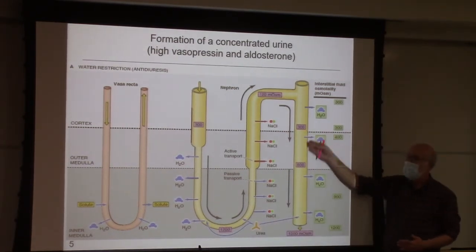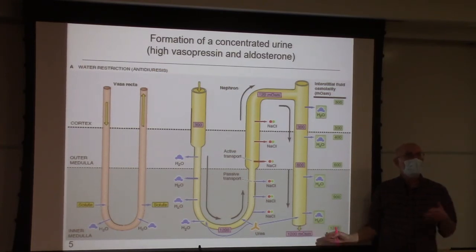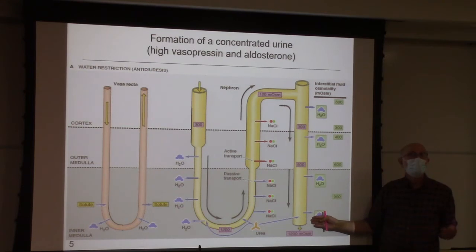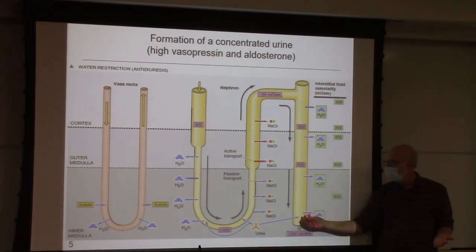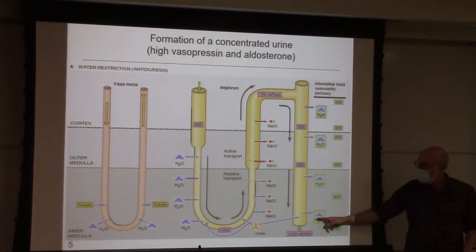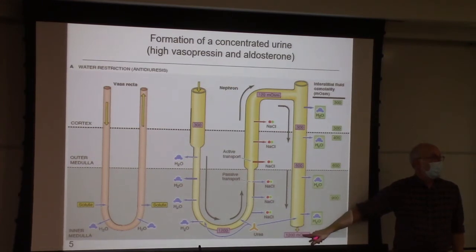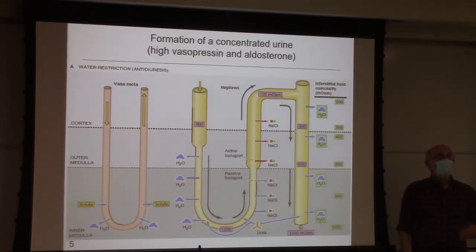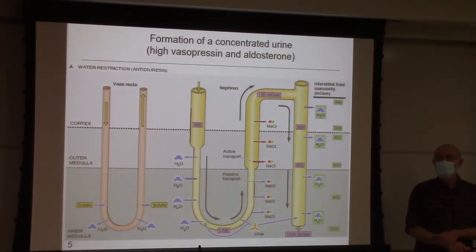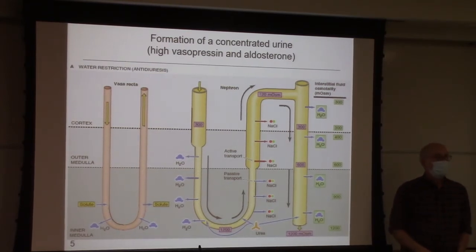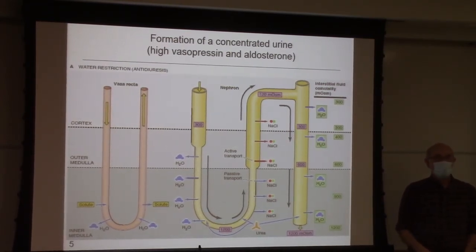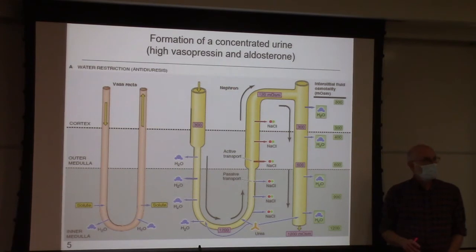Vasopressin tells the collecting tubule, make water channels, water permeability, water flows, a concentrated urine, minimizing water excretion, which is what we want to do if we're dehydrated. Questions?